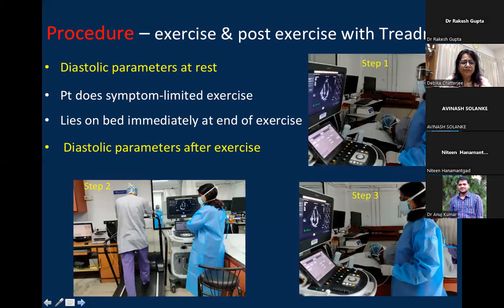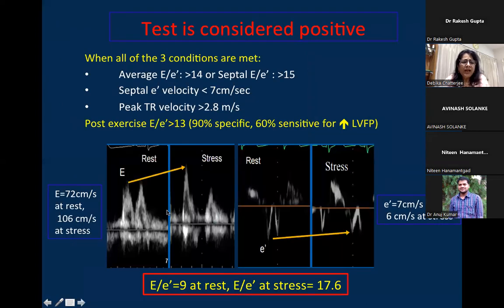Now look at rest. The E wave was this much and increased, but look at the E prime. At rest, it was this much, 7 centimeter per second, reduced to 6 centimeter per second at stress.